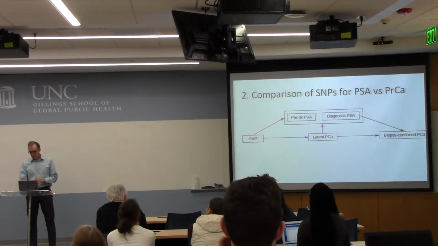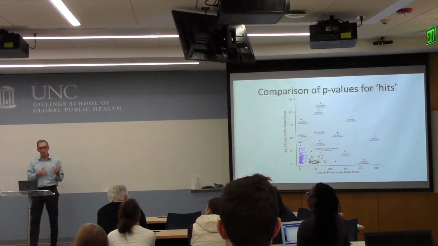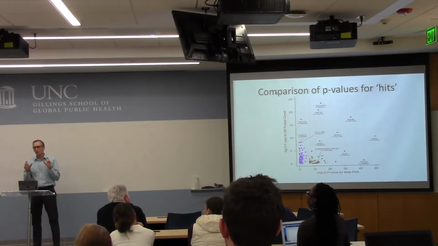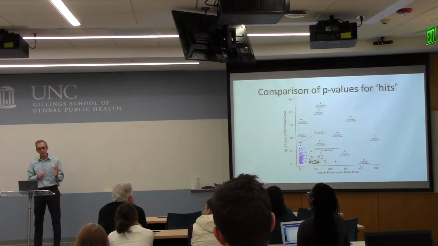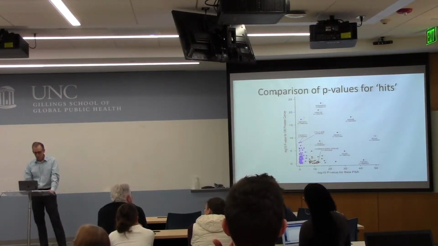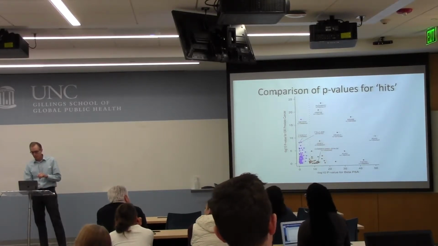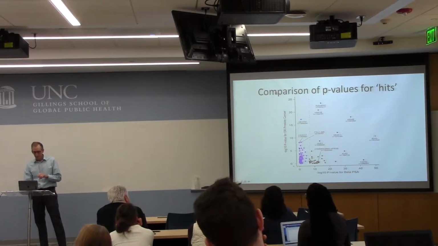So one thing that we did was we actually just compared the p-values and the regression coefficients for the genes and the SNPs that were associated with PSA to those that were associated with prostate cancer. So in this diagram, what we have here are the minus log base 10 p-values for PSA going out in this direction, and then the minus log base 10 p-values for prostate cancer in this direction.